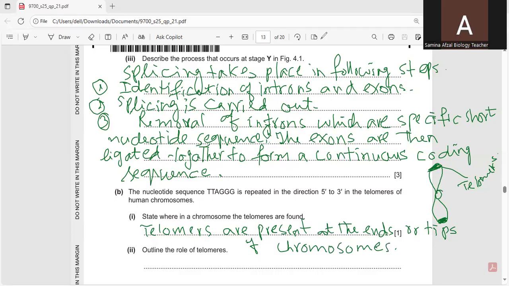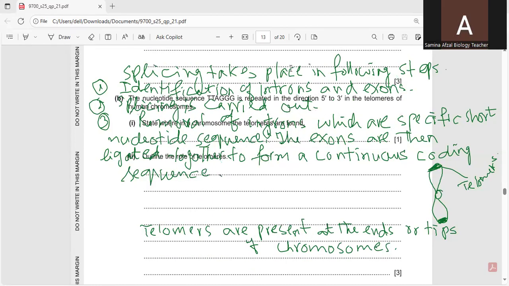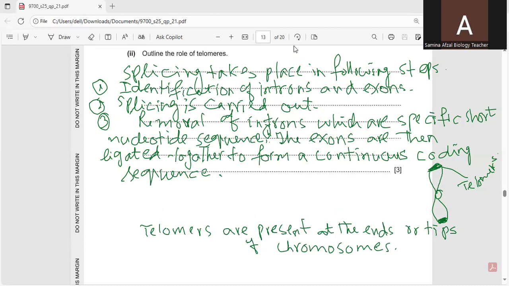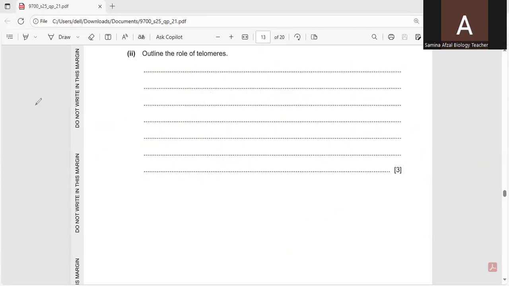Now the question is: outline the role of telomeres. First of all, I would like to discuss the outline. The first main function is protecting from degradation and fusion.